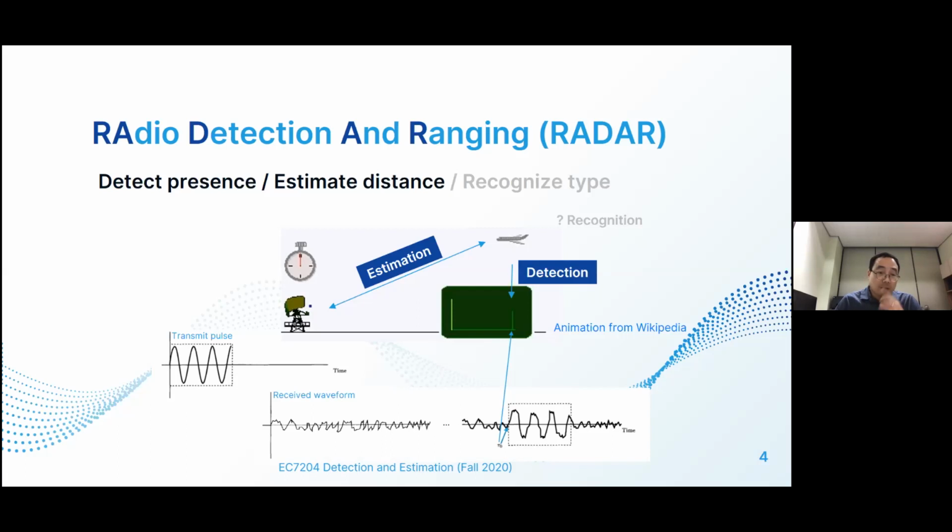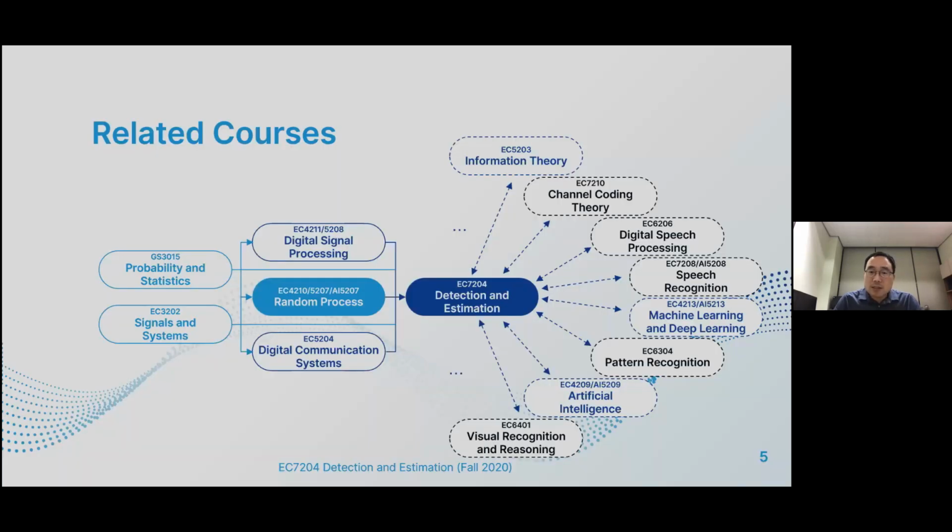A little bit more detail on the position of this course: detection and estimation is actually based on random processes. That's a requirement of this course. If you don't know much about random processes, this course will be very difficult. You also need to know about probability and statistics, signals and systems, and a little bit of signal processing and communications.